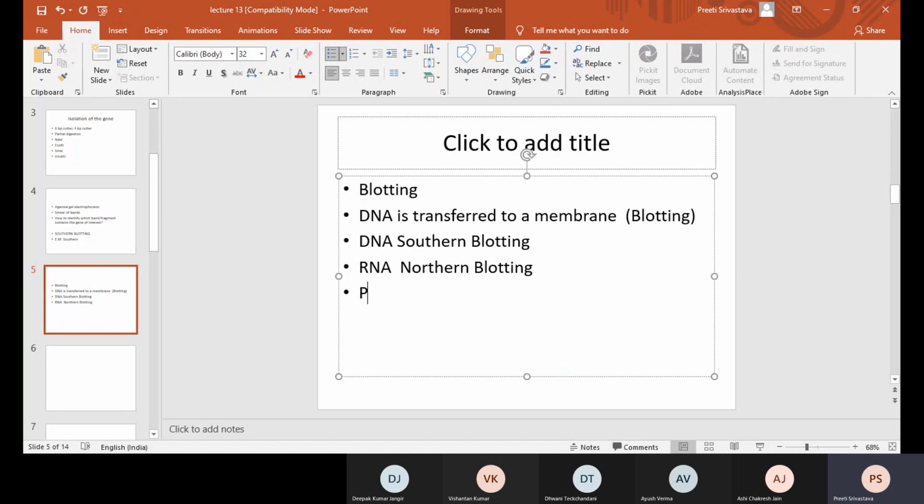And when it is the transfer of protein, the technique is called western blotting. So blotting in general by definition means transfer. When it is transfer of DNA to a membrane, it is Southern blotting. When it is transfer of RNA to a membrane, it is northern blotting. And when it is transfer of protein to a membrane, it is western blotting.